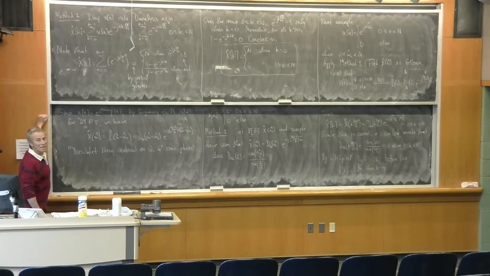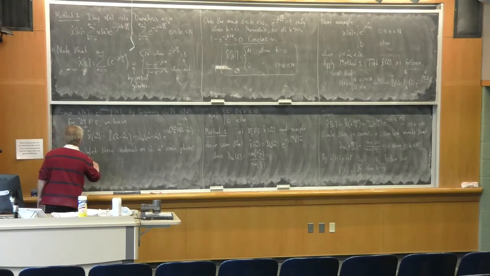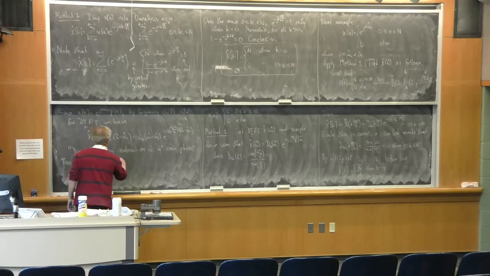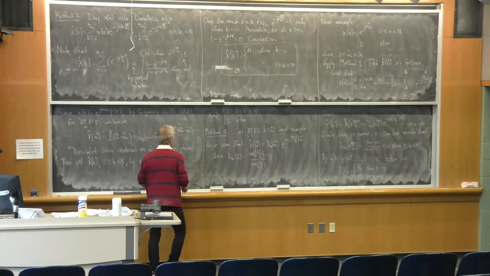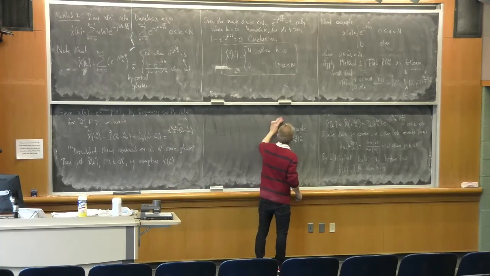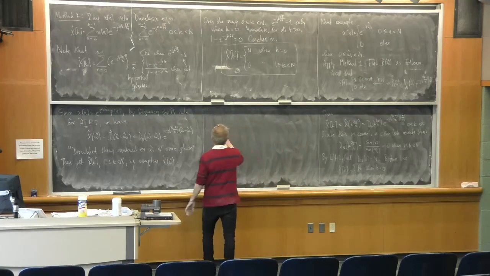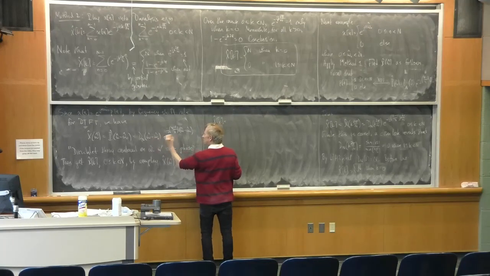How do we find the DFT? Not the DTFT, but the DFT of x of n. We sample this every k 2 pi over N. So then you get x hat of k, for k between 0 and N minus 1, by sampling this thing, x hat of omega hat. And what comes up is this: x hat bracket k equals, all you do is you plug in k 2 pi over N for omega hat.